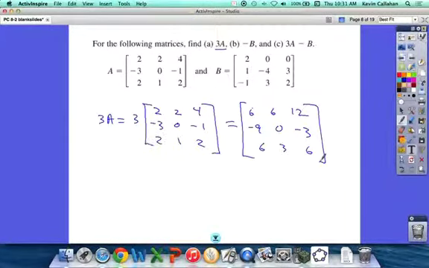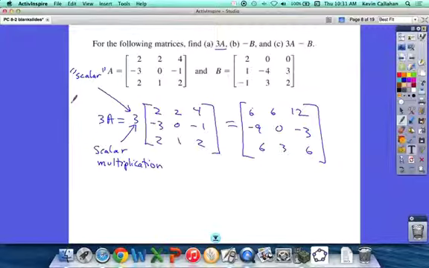You could think of it like a distributive property. When you multiply matrices by a constant like that, that is called scalar multiplication. Scalar multiplication is when you multiply by a constant. 3 itself is considered the scalar.